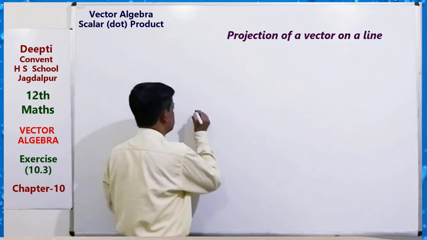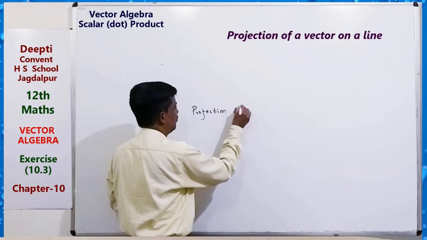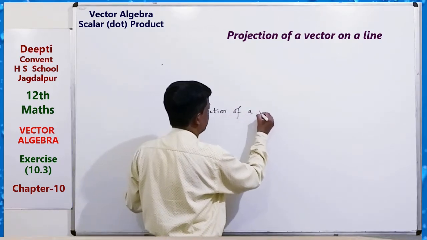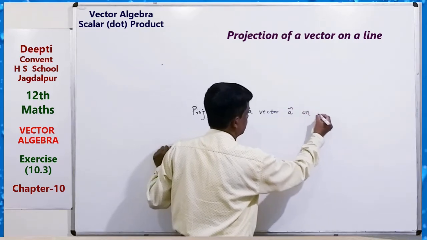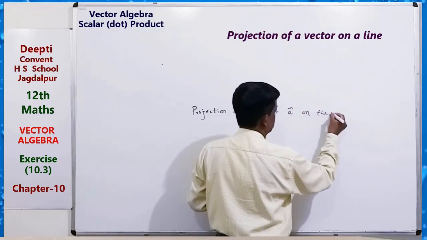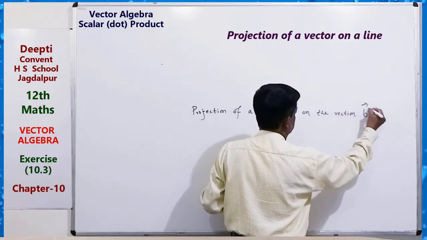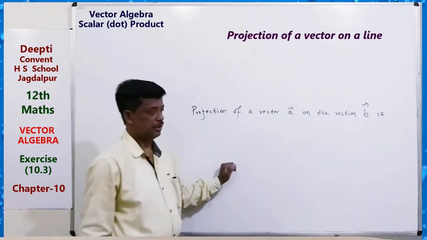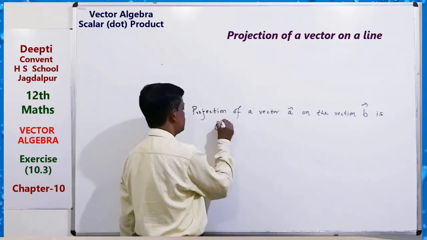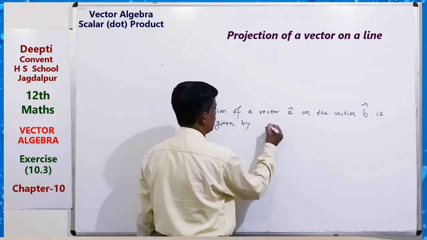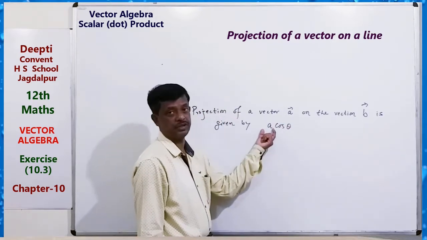So we can write like this: projection of a vector A on the vector B is given by A cos theta, where theta is the angle between A and B.